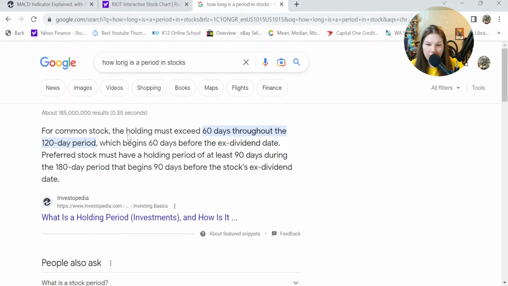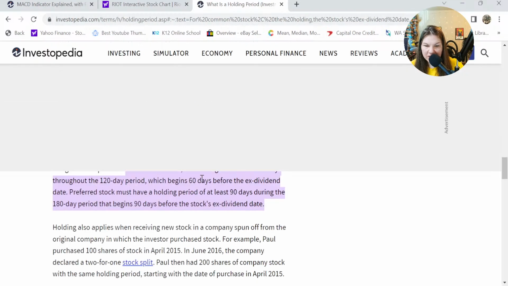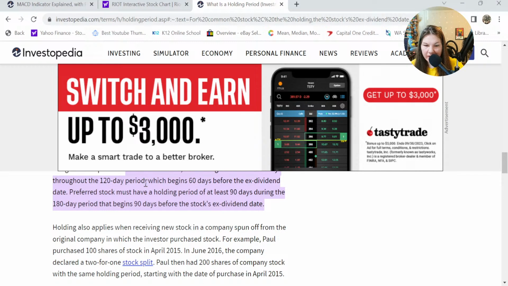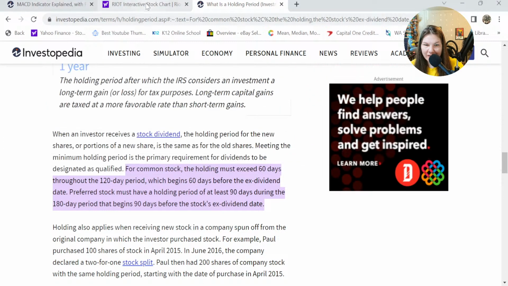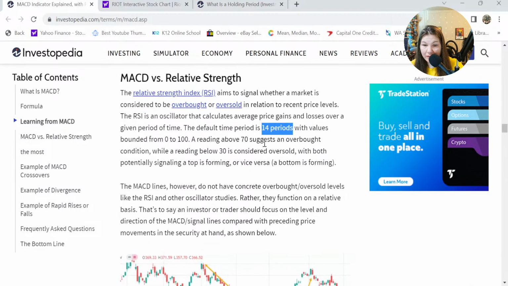For a common stock, the holding must exceed 60 days throughout the 120-day period, which begins 60 days before the ex-dividend date. Preferred stock must have a holding period of at least 90 days. We don't know what it is because it's a lot. 60, 90, 120. What is it, guys? 60 days, 120-day period. So we're guessing it's like a 120-day period. 60 days. 14 periods.